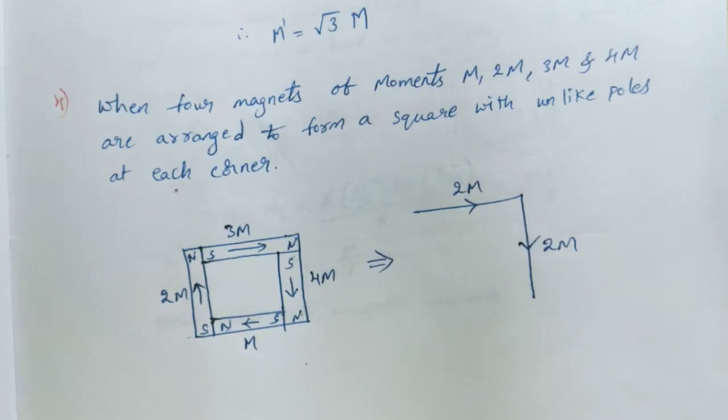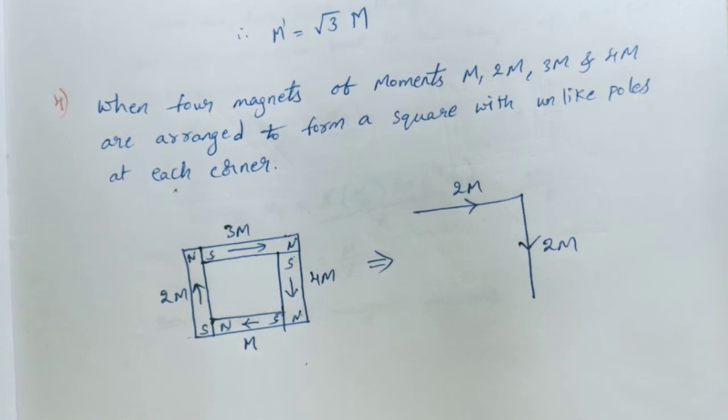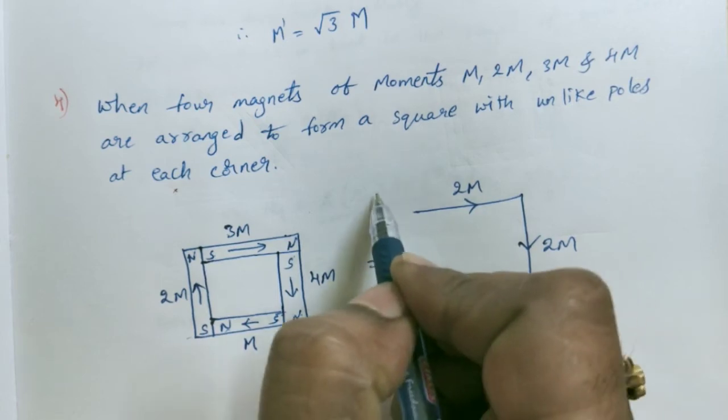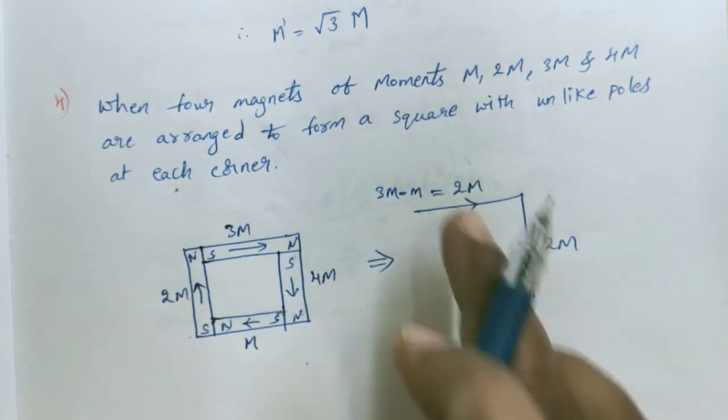See students, here m and 3m are in opposite directions. M and 3m being opposite means the resultant becomes 3m minus m. How much is present, students? That is 3m minus m, which is equivalent to 2m.